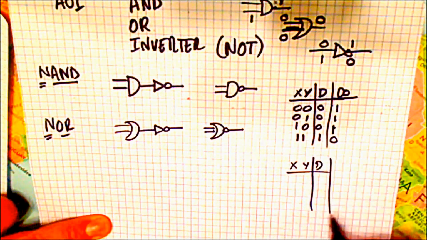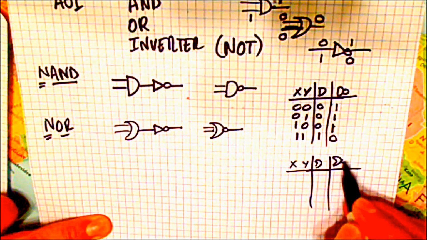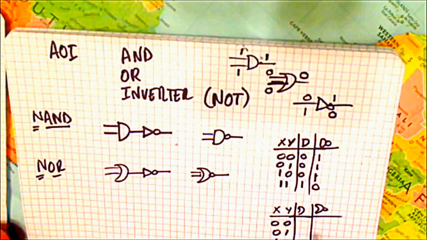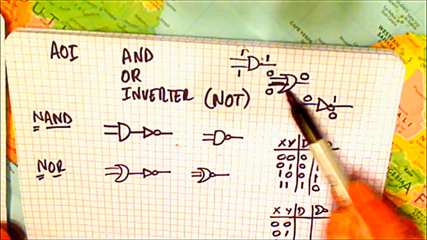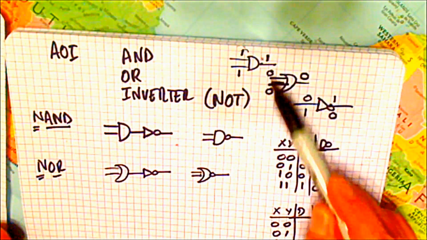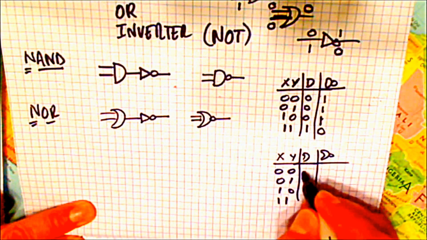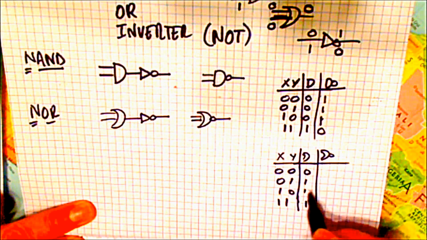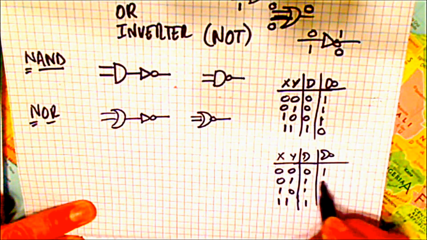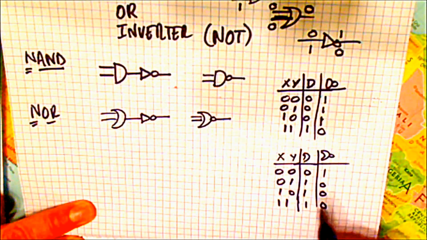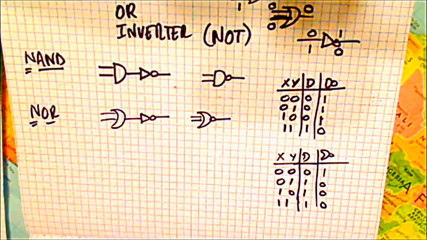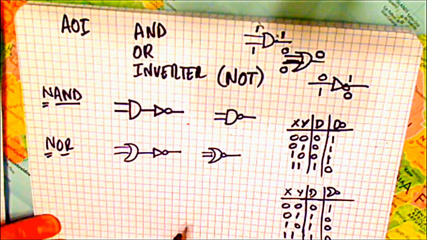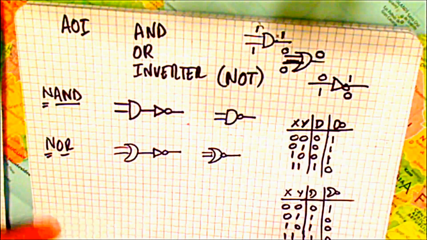So here's the OR, and here's the NOR: 0, 0, 0, 1, 1, 0, 1, 1. As we said earlier, for the OR, we only get a 0 when both inputs are 0. So that means the only time we get a 0 is there, everything else is a 1. And of course the NOR will be the exact opposite because it gets inverted right there. So those are the truth tables for the NAND and the NOR, as well as the AND, the OR, and the inverter.